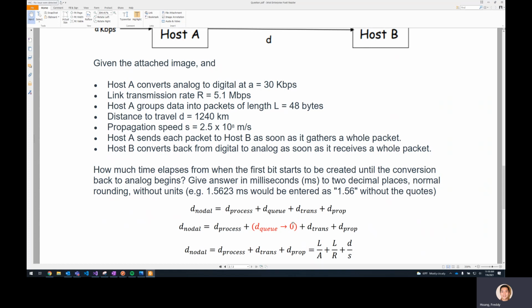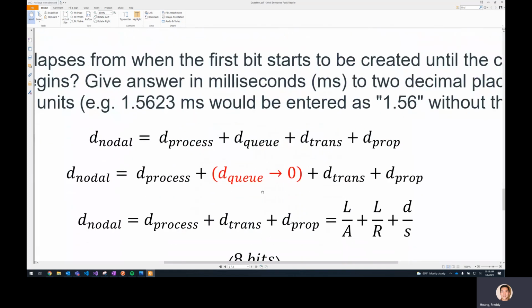So first of all, we'll go through the simple overall equation to solve for nodal delay, which is basically just the 4 different types of delays involved: processing delay, queuing delay, transmission delay, and propagation delay. As you can see in the question, it's only asking about one packet.